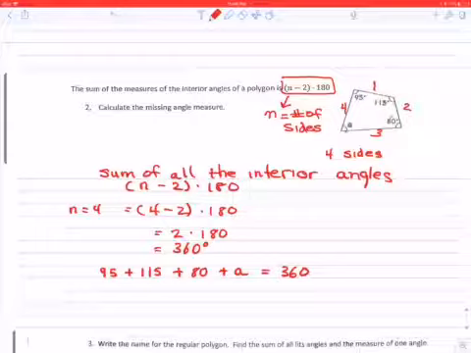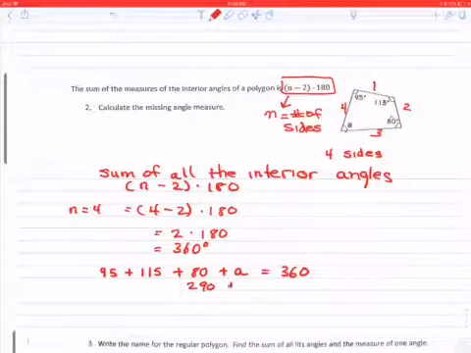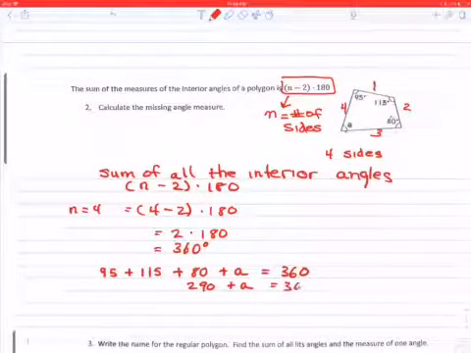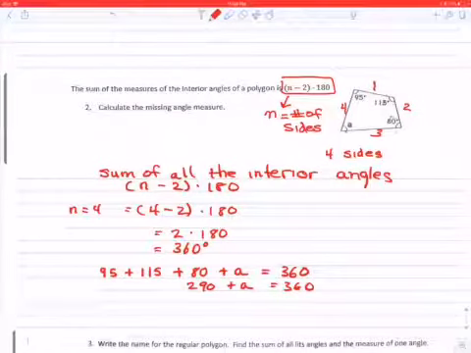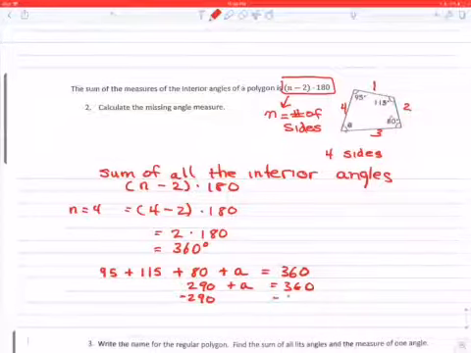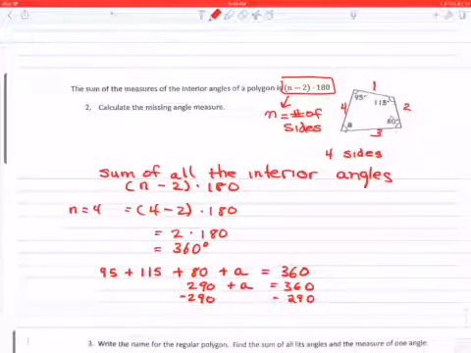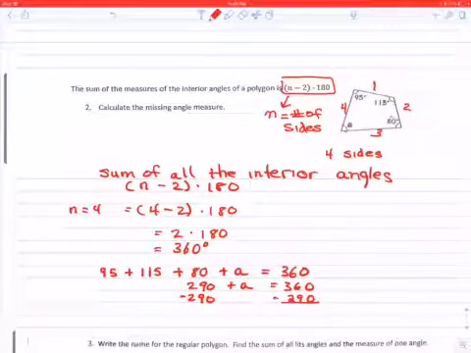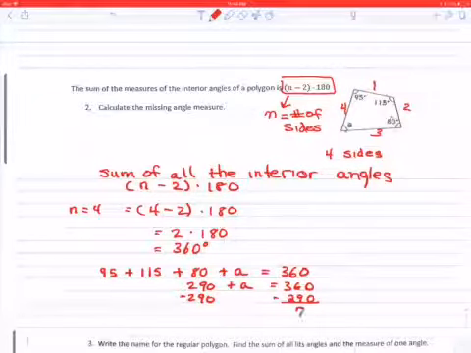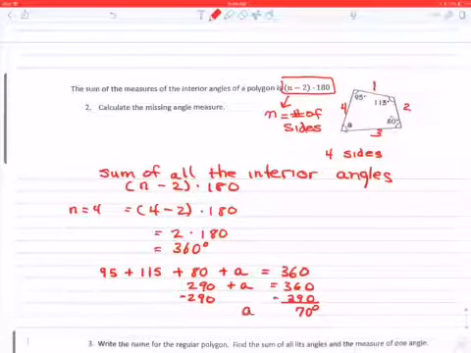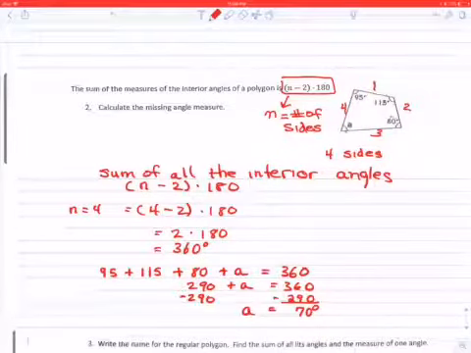So if I add 95, 115 plus 80, I get 290 plus A equals 360. So solving for A, I'll subtract 290 from both sides. And I see that angle A measures 70 degrees.